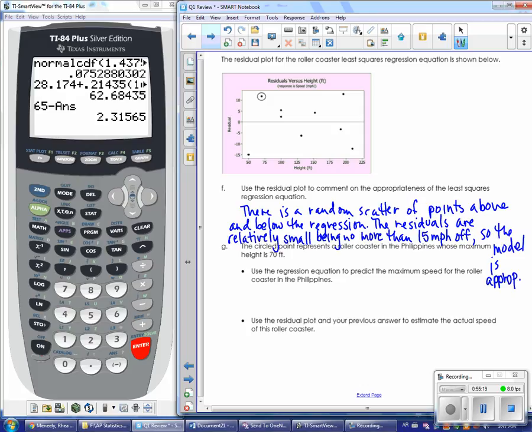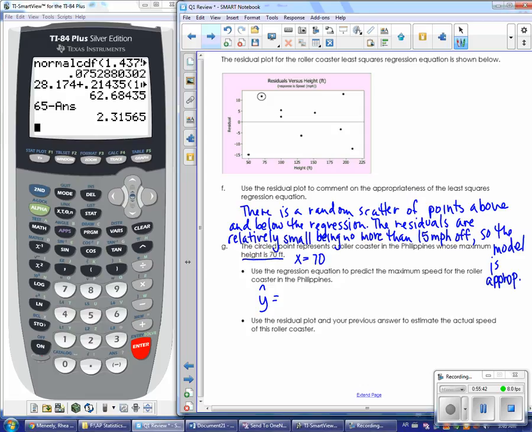In letter G, it says the circled point represents a roller coaster in the Philippines whose maximum height is 70 feet. So this maximum height of 70 feet is an X value. It says to use the regression equation to predict the maximum speed for the roller coaster in the Philippines. So basically what I want to do is figure out my prediction. So I'm going to use my equation again.